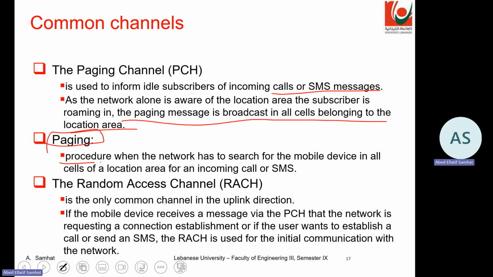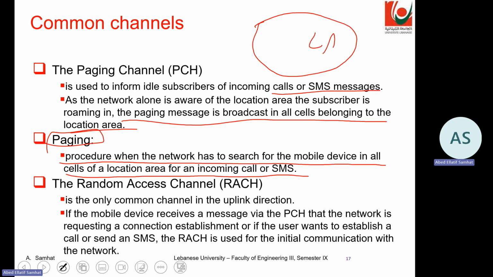I will explain the paging. The paging is the procedure when the network has to search for a mobile device in all cells of a location area for an incoming call or SMS. Remember that we said that the user will be in a location area of a certain mobile switching center. At a certain time, if we have a user in this location area, and we have a message destined to this user, we should look where the user is in order to forward the message to this user.